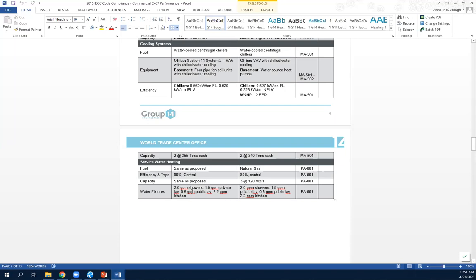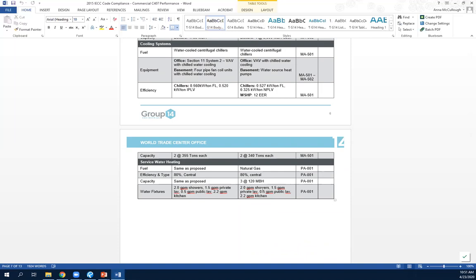Yeah. So this is the WaterSense fixtures are required in Colorado. Okay. So we have WaterSense as our baseline here, and then they only met the WaterSense requirements in the proposed. Okay. There's also a note in section C407 that says the capacity of your baseline system has to be the same as the proposed.